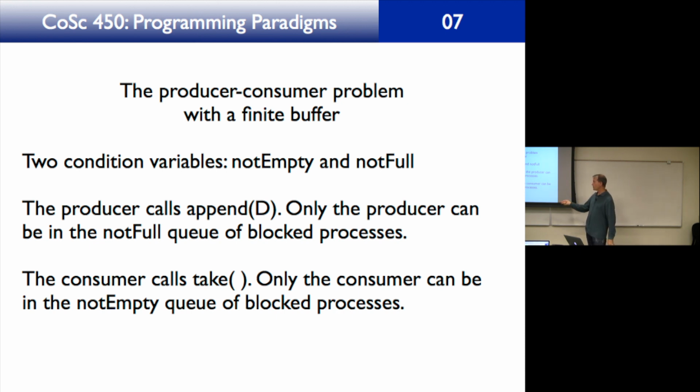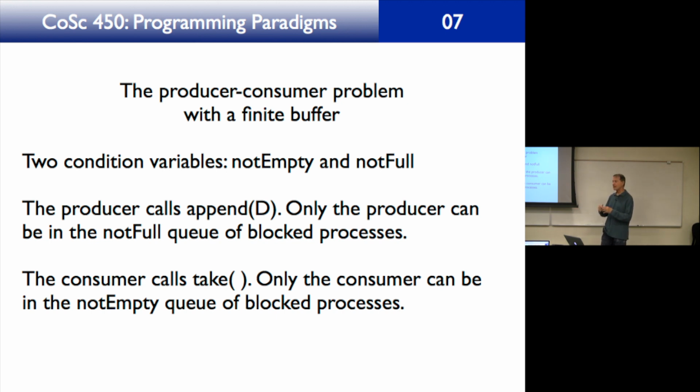And then the consumer calls the method take, right? And take returns a type D, right? Append, we give it a D, and then take returns a variable of the same type D, the data type. Okay, and only the consumer can be in the not empty queue, because what does the consumer have to do?